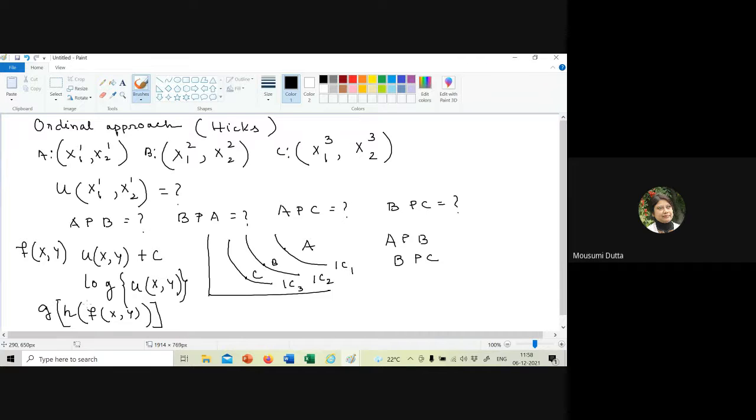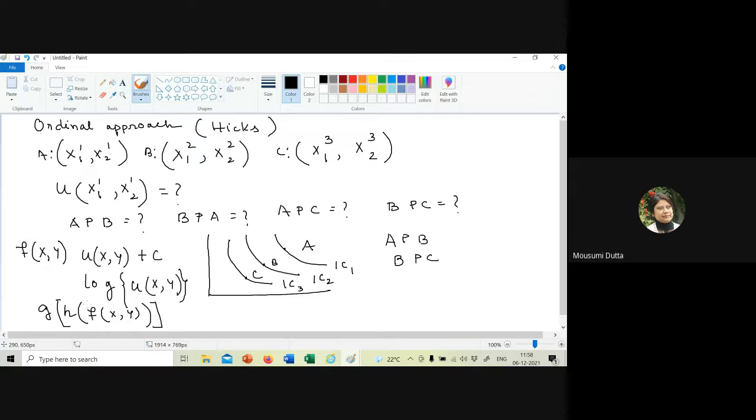So if I try to find the consumer's equilibrium using any of the functions, we are reaching the same amount of two commodities. If this happens, the utility functions are monotonic transformations of each other.